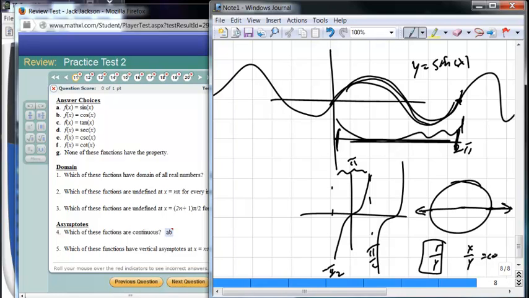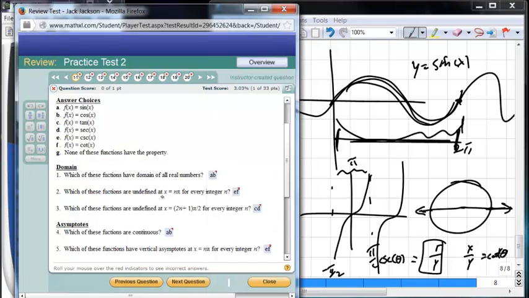So cosecant and cotangent are undefined at those places. So cosecant, E, and cotangent, F. Good, that's correct.